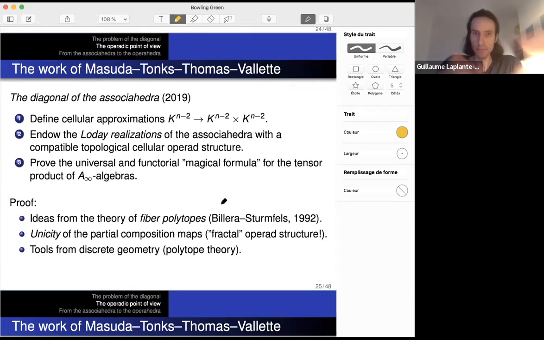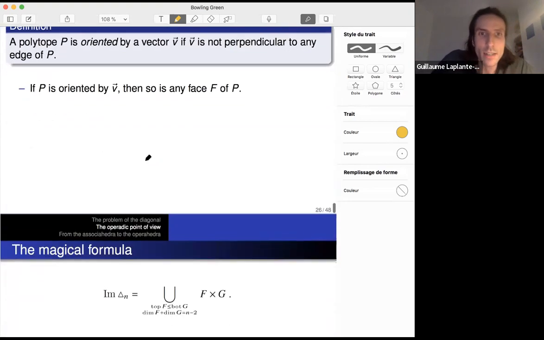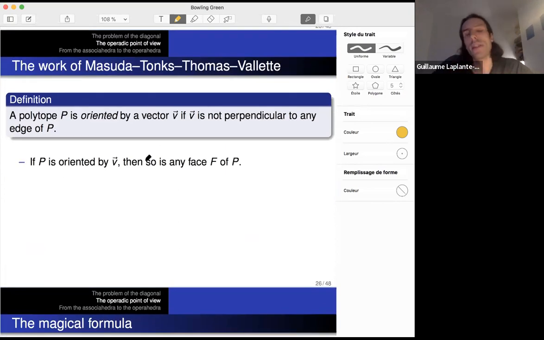Now let me say a word about this magical formula. Why do we call it the magical formula? This is a word from Jean-Louis Loday. So we just need a definition in order to state it.